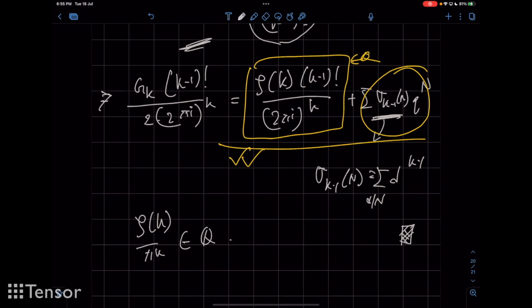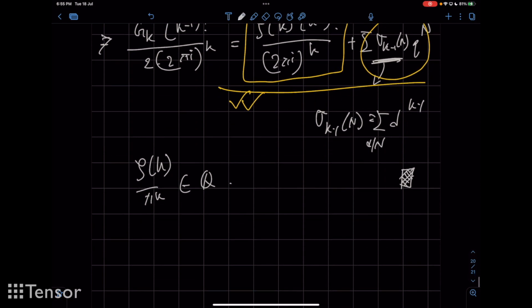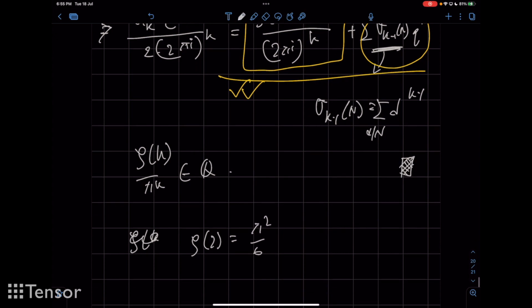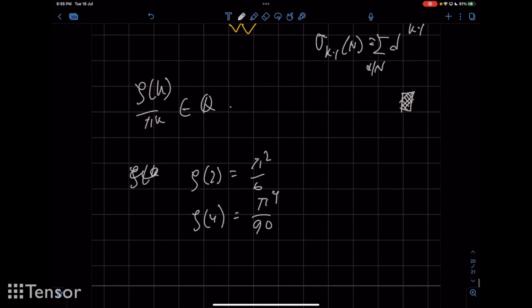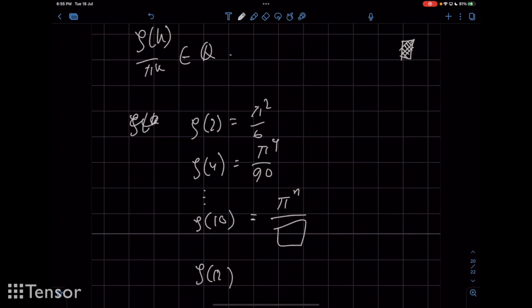Also, I noticed a very interesting fact this morning. Do you know what zeta of 2 is? It's pi squared over 6, right? And zeta of 4 is pi to the 4 over 90. Up to zeta of 10, we have pi to the n over an integer. 12 is the first even number for which it's not an integer, but rather a non-trivial rational number.